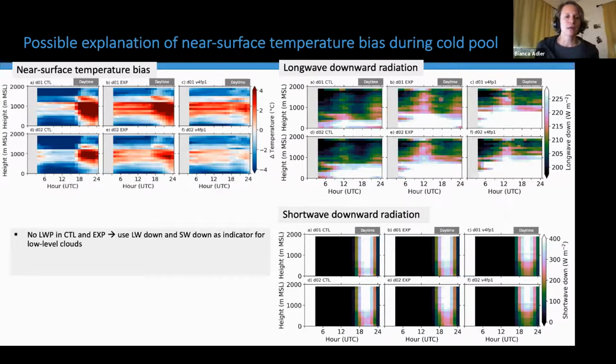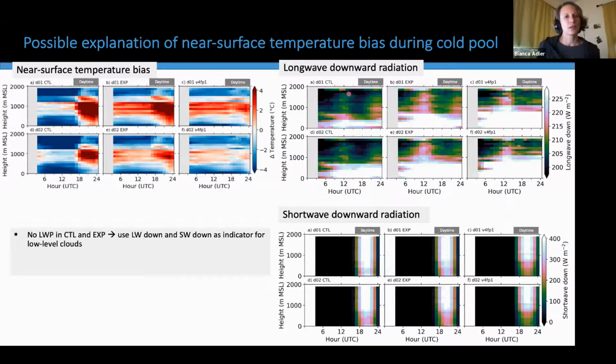So these here are 24-hour composites of long wave downward radiation at the top and short wave downward radiation at the bottom. And what you can basically see is that long wave downward radiation increased and short wave downward radiation decreased when going from control to version 4. So this indicates that there are more clouds in version 4 and the least clouds are in the control run.